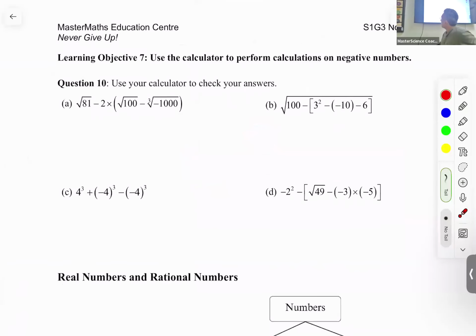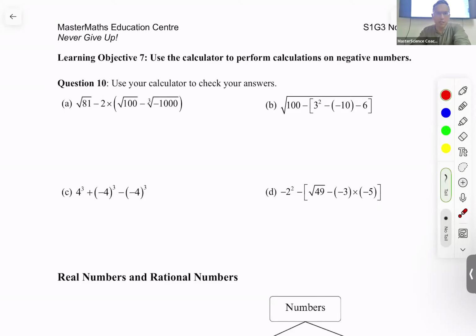So it's also a skill in mathematics to be able to use the calculator properly. Done?